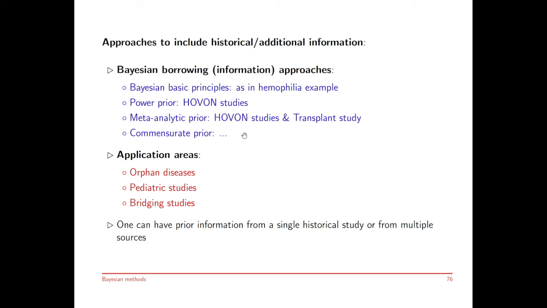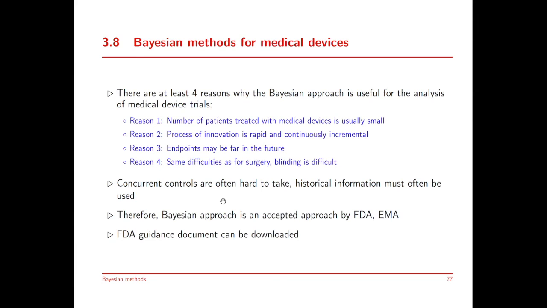So this is really a rich area of research, and the application areas are in orphan diseases, pediatric studies, bridging studies. Medical devices is an important application area for Bayesian methods because it's quite a different area. It's different from drug research, and here you can see a couple of reasons why this is different. It's also here where the Bayesian approach is really accepted by FDA and EMEA.